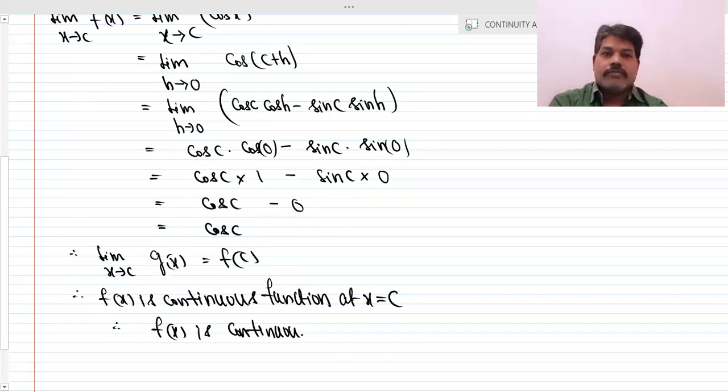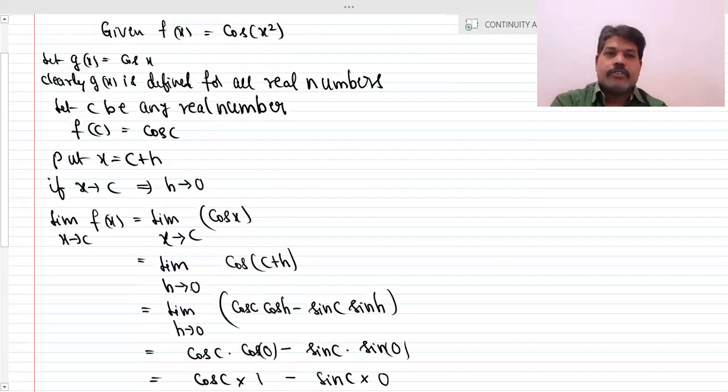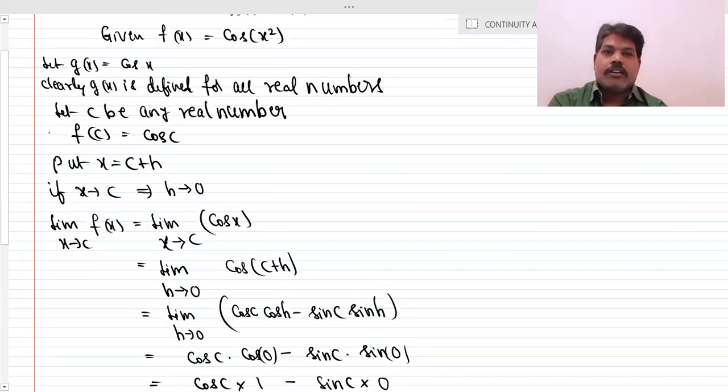So for that one you can take this as g, not f, because we are already taking this function as g. So here also it is not f, it is g, because we are taking this function as g. So here you can take this as g of x.